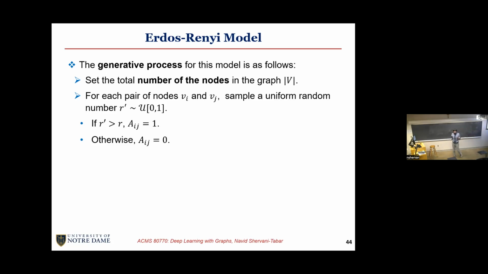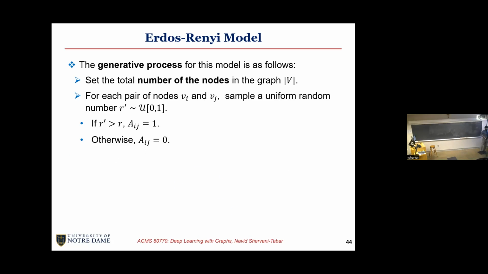You're given some parameter R that shows the probability of an edge between two nodes in this graph. If this R prime is larger than R, we're going to connect these two nodes, Vi and Vj, and that's going to give the probability R to having the edge in that graph. Otherwise, there is no edge between those two.